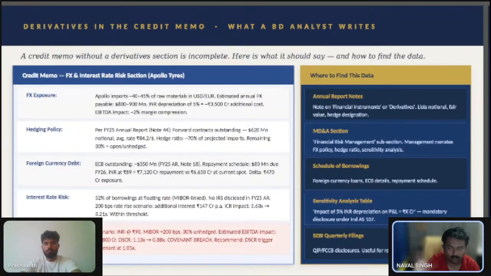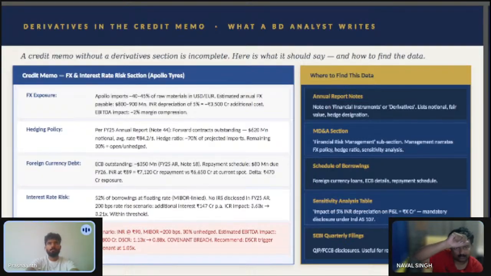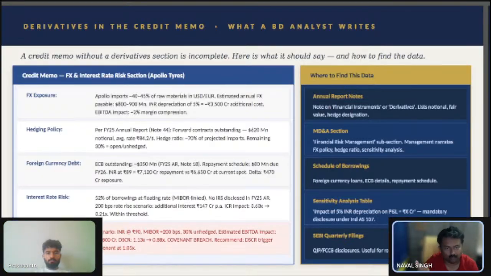The magnitude will change if the currency weakens, volatility will come if the interest rate changes. So what if there's a perfect storm that rupee becomes 95 rupees per dollar, and the interest rate, LIBOR or MIBOR plus is fine, but MIBOR goes up, then they are stuck. So create scenarios because both will happen together.